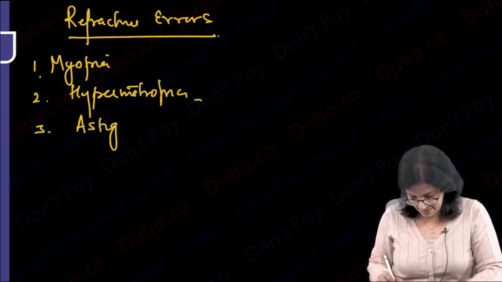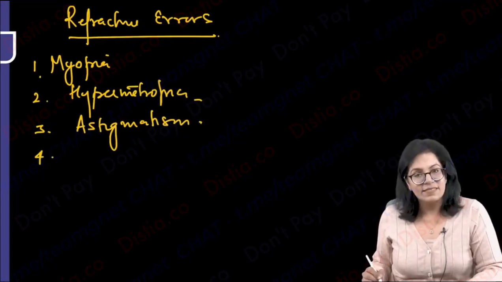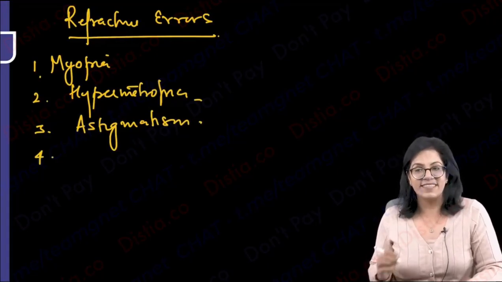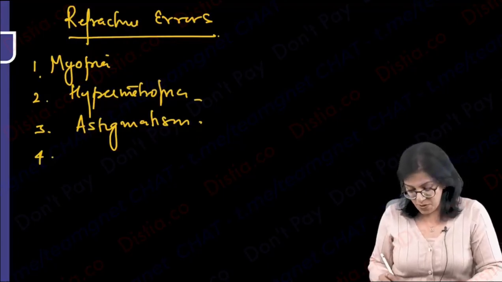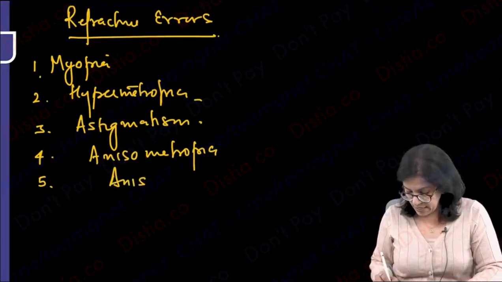Astigmatism. What else? Please don't answer presbyopia, it's not a refractive error. It's an error of accommodation. We have talked about it earlier also. So not presbyopia, we will say anisometropia. And lastly, we can learn aniseikonia. Anisometropia, aniseikonia.